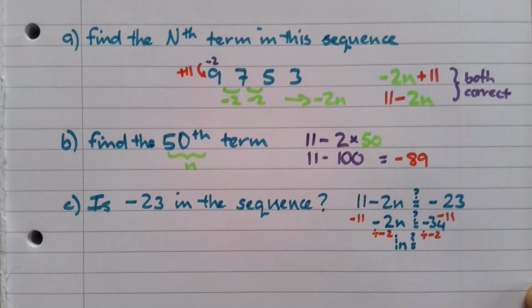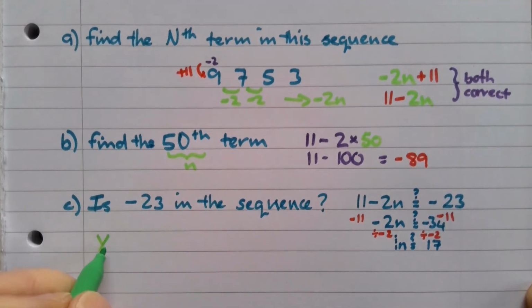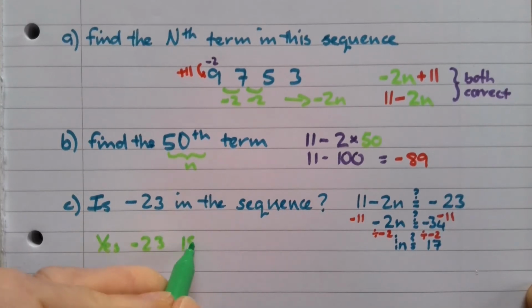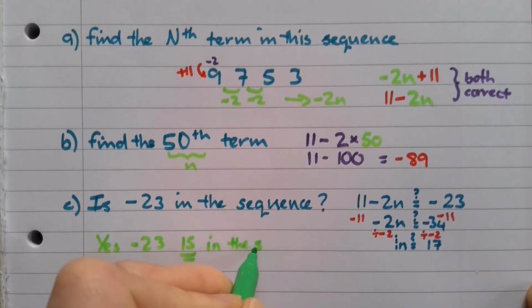So negative divided by negative is a positive. So that's going to be 17. Okay. So the answer is going to be yes, -23 is in the sequence.